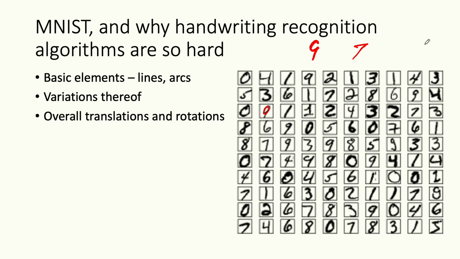There are certain elements that they might recognize. Like, you might say, oh, a 7 has a diagonal line going from the top right to bottom left. Well, yes and no. Some people write it like this. Some people do this thing. Some people write their 1s like 7, especially people from Germany.